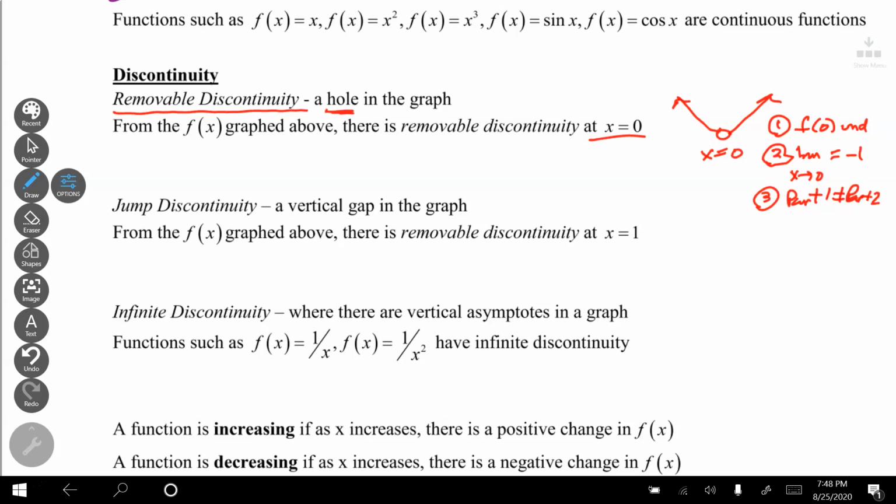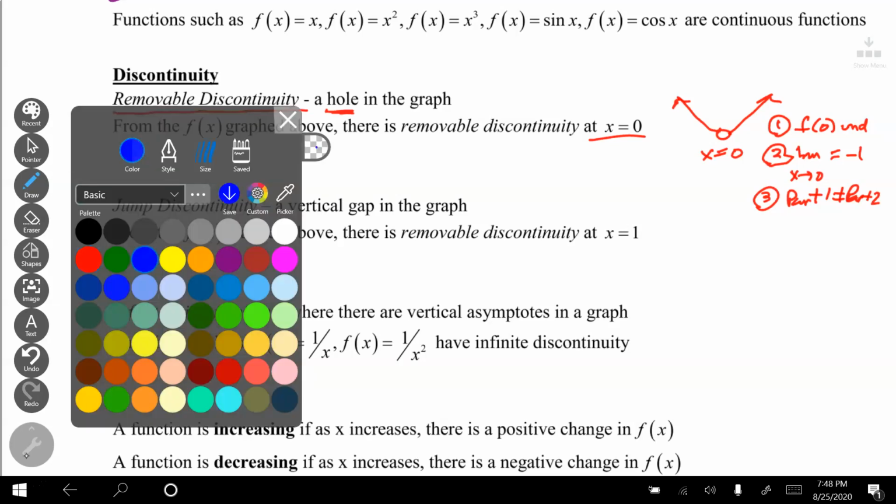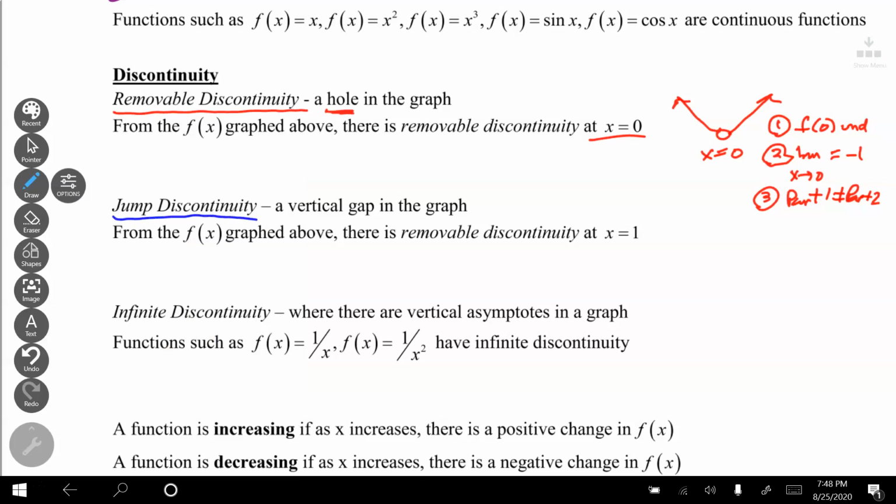Jump discontinuity is kind of when you have a gap. If you look at x equals 1, you kind of have this thing going on. Little part of the graph, a little jump, little solid dot out here, and that's x equals 1. At part 1, f of 1 was equal to 4.